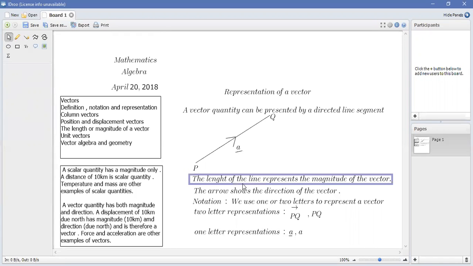Now, the magnitude or length of the vector is written as, I'm going to show you how to write it.